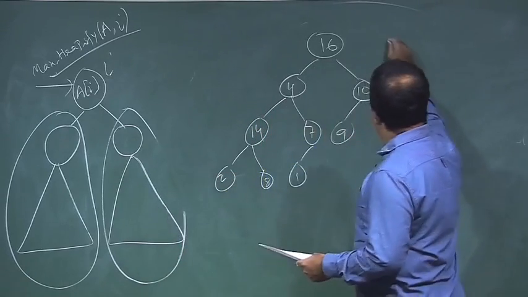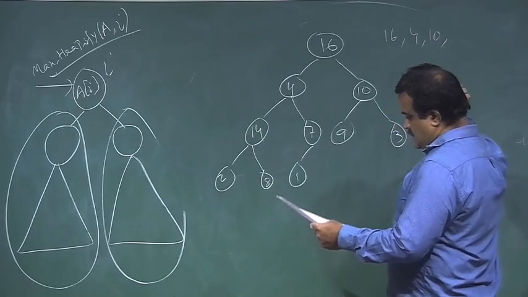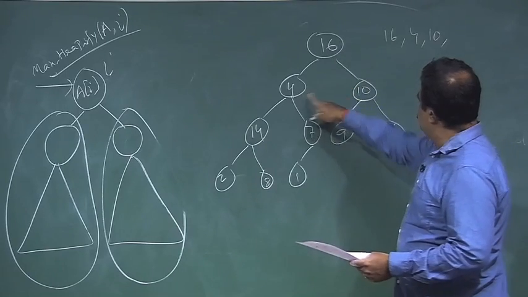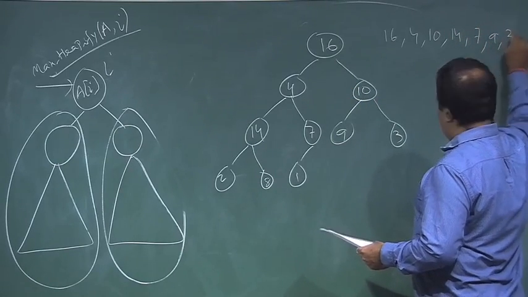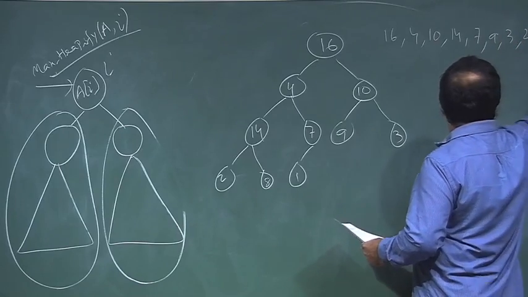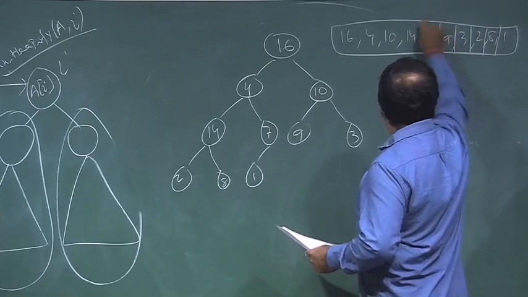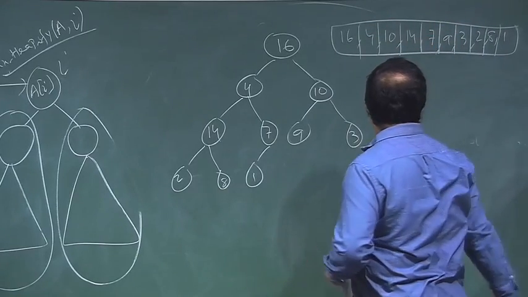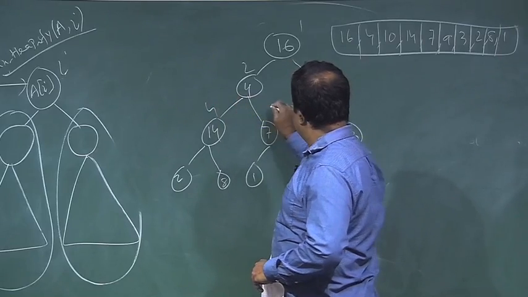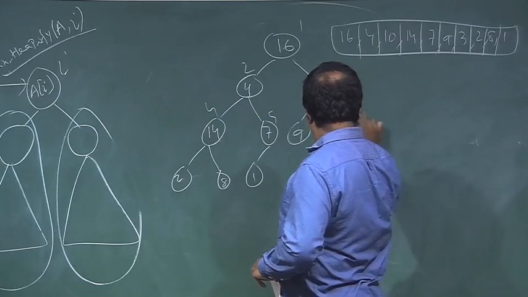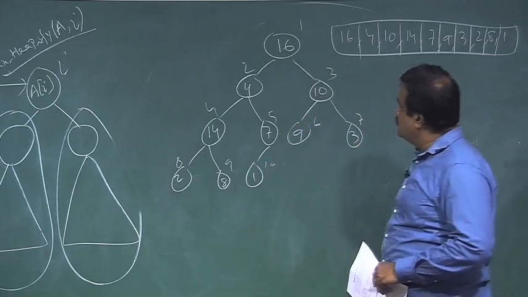So the array is 16, 4, 10, 14, 7, 9, 3, 2, 8, 1. This is the given array, and these are the indexes 1, 2, 3, 4, 5, 6, 7, 8, 9, 10. So there are 10 elements.